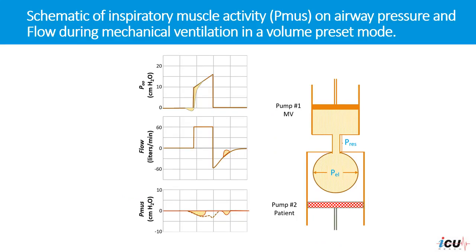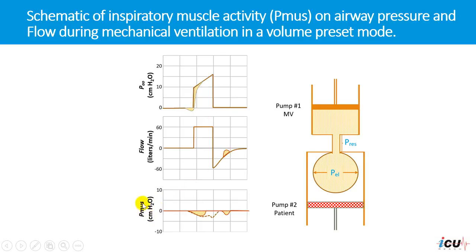Now, this asynchrony can happen at any time during the respiratory cycle. So you can see here that the patient is breathing in inspiration and the patient here is breathing in expiration.